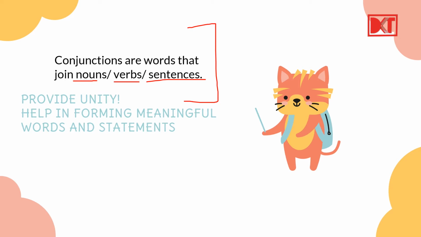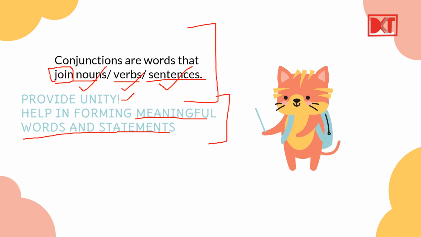Conjunctions क्या करते हैं? जोड़ने का काम करते हैं. So, conjunctions are words that join nouns, verbs, sentences. So simple. They provide unity. They help in forming meaningful words and statements.